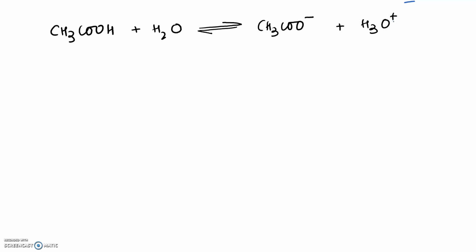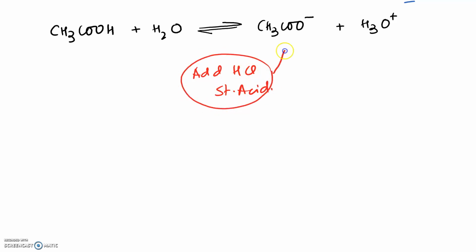So now when you're adding HCl to this, that's the strong acid, what ends up happening is the strong acid tends to react with the negative charge because acids produce H plus ions.